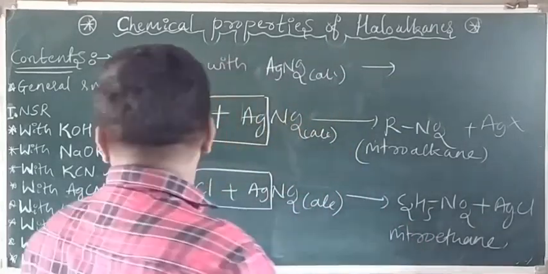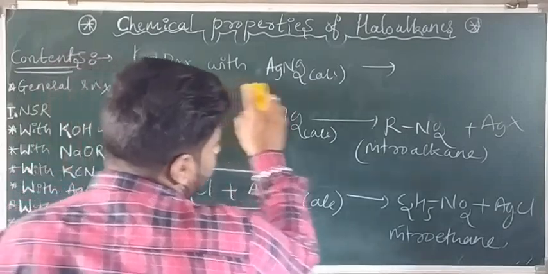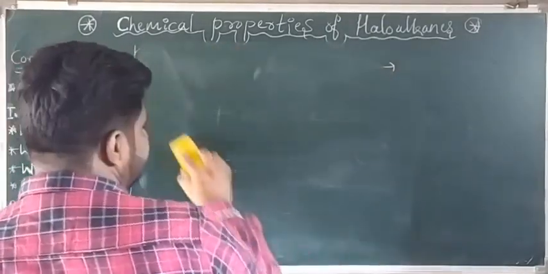So next we will study the reaction with silver salt of carboxylic acid. Reaction with silver salt of carboxylic acid, number 7.